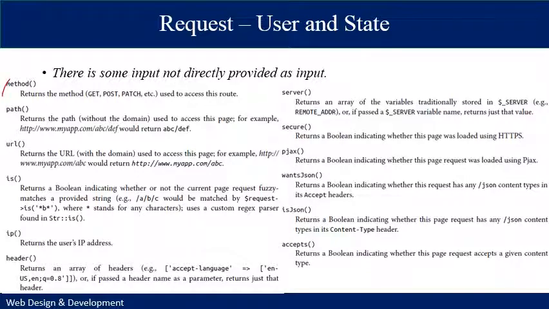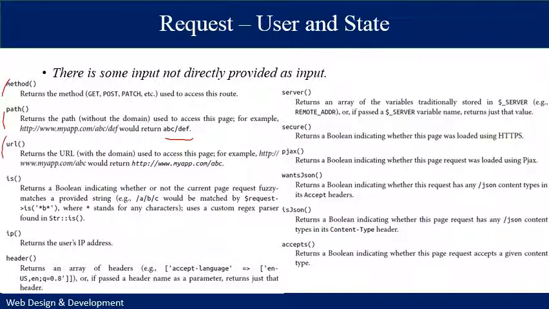It returns the HTTP method, such as get, post, patch, used to access this route. Similarly, you can extract the information of the path from the request object using the path method, and it will return the path from your URL.